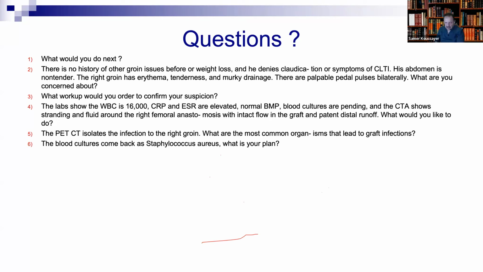What is your plan? Reconstruction of the limb and excision of the graft. Yeah, but before that, imagine it's an exam. You tell him I started an antibiotic, because if you don't say that, they presume, even though I know you do it, but the exam has marks.